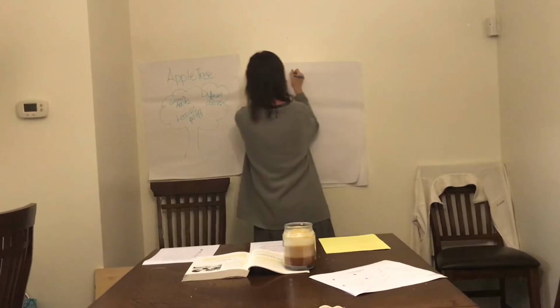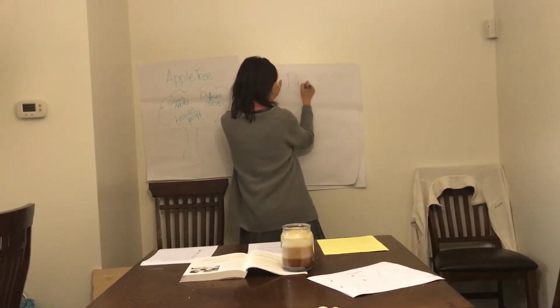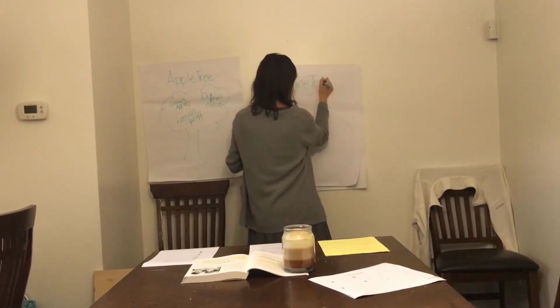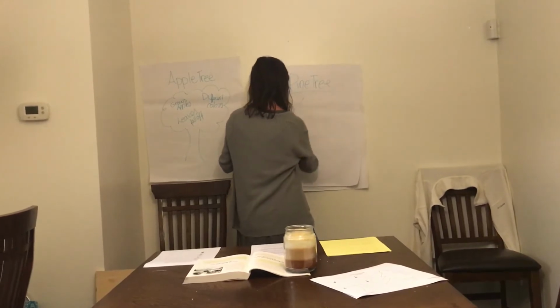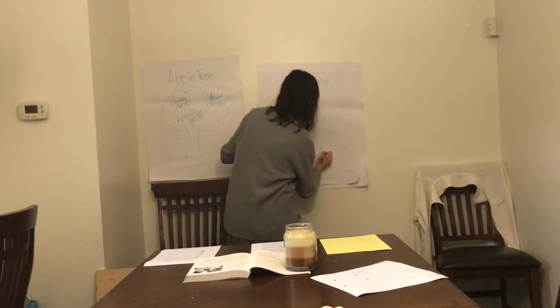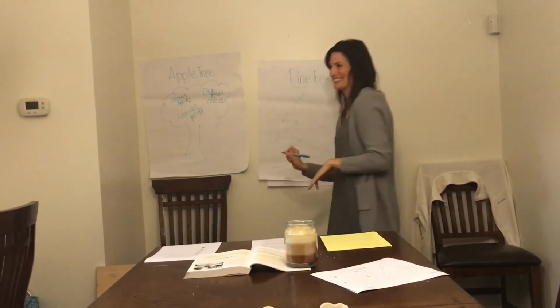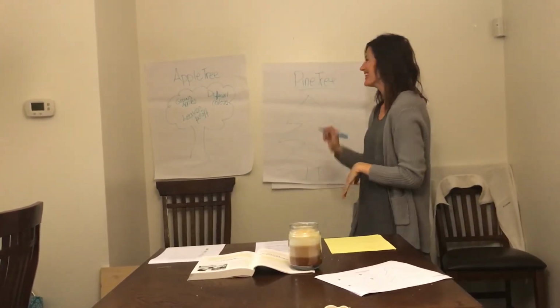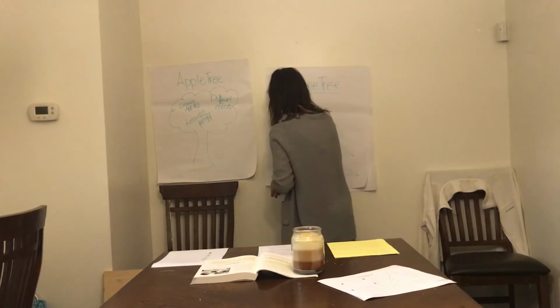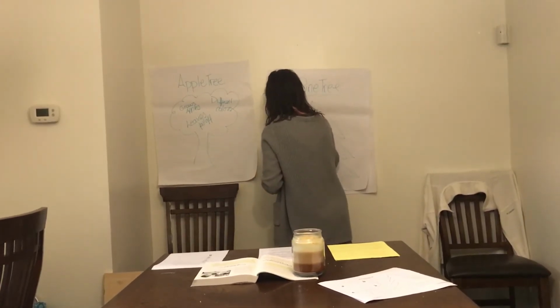And then the second tree is a pine tree. So we would do the same thing with that one. What do you all know about pine trees? The needles don't fall off in the winter. Okay. So the needles don't fall off.